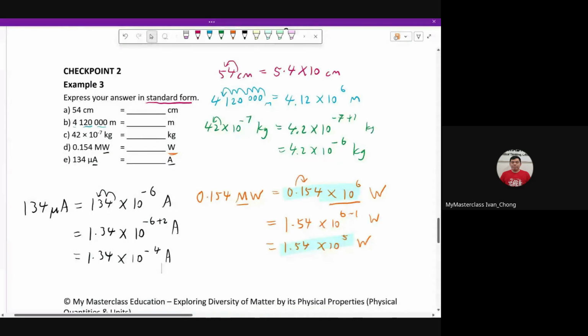So this is like the basics. They will build upon this part. They will use it in other chapters, like for your speed, for your forces. Some of them will include all of this, like density or volume. So you need to be able to know how to convert from cm to meters, meters to cm, and so on and so forth.